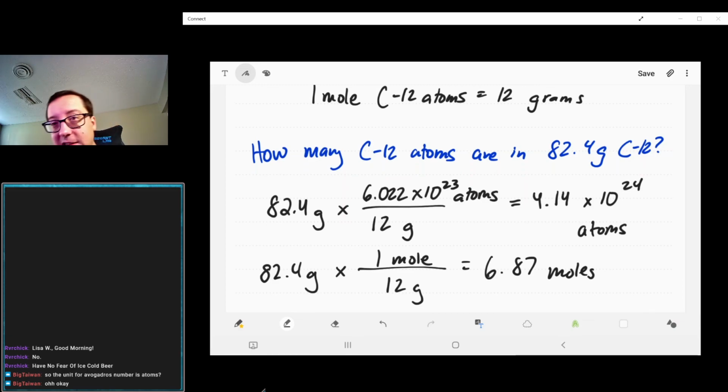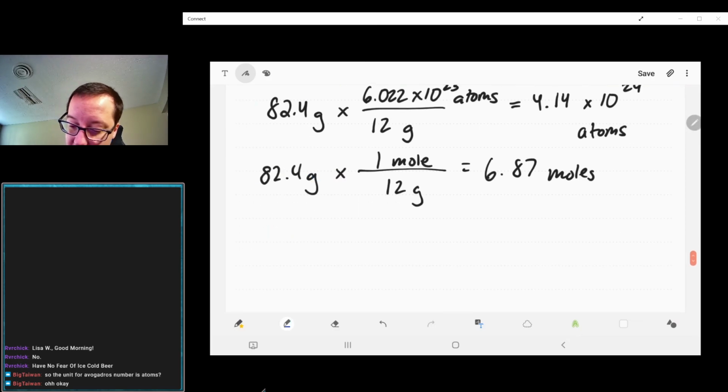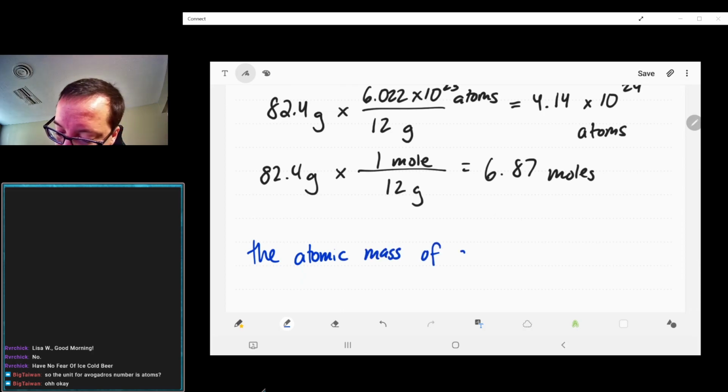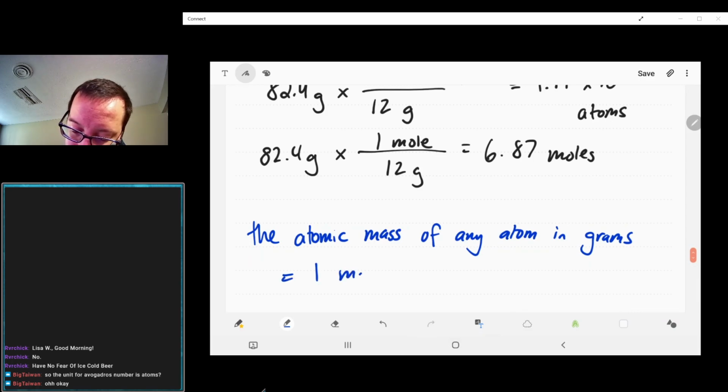So let's expand our definition. Thankfully, with that carbon-12 nonsense out of the way, we can say that the atomic mass of any element in grams will equal 1 mole of that element.